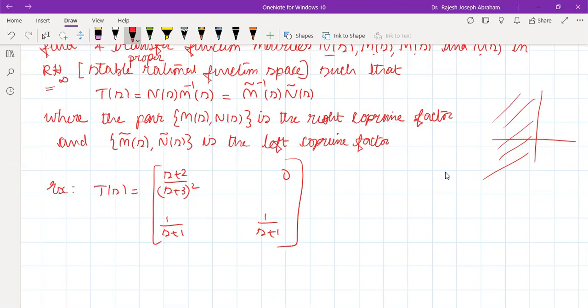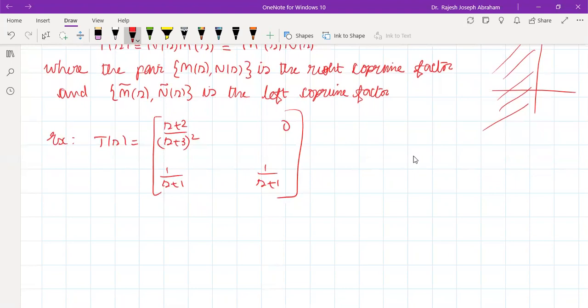How can you find the right coprime factorization for this? Any idea?